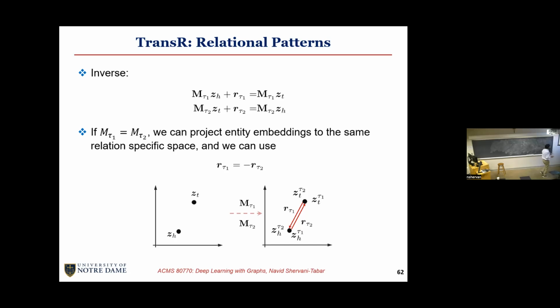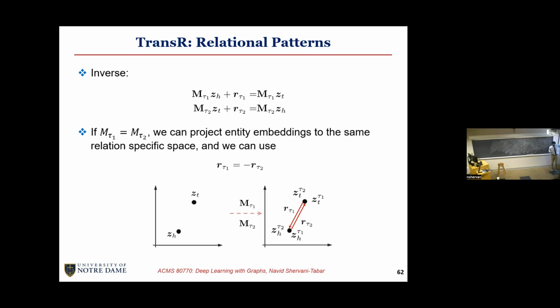So I need to first project ZH and ZT to the same vector space for relations tau 2 and tau 1. Because we can't translate between a projection for type tau 1 and type tau 2 unless they're projected onto the same vector space.